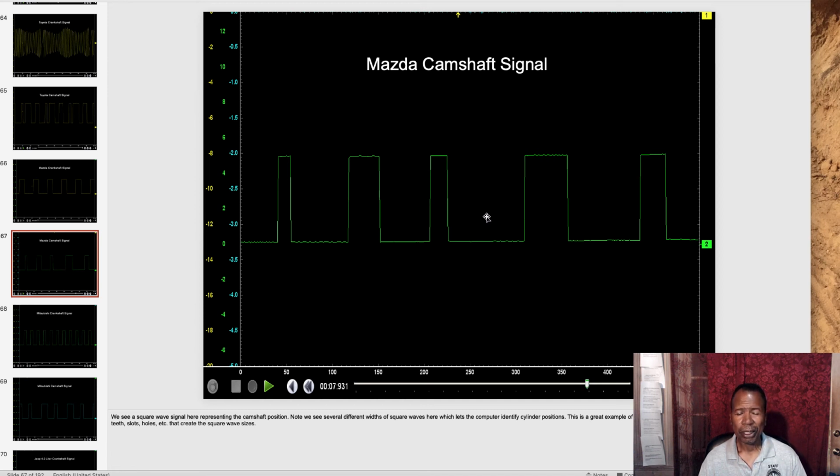They're used for engine position, and it's a known good signal for Mazdas. I said it incorrectly last time, but this is 1, 2, 3. It's actually here. I wasn't paying attention to what I was seeing, because this almost looks smaller than that one. Yeah, well, it's 1, 2, 3.